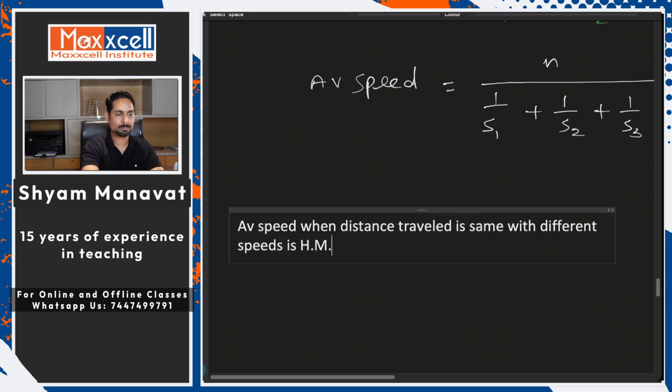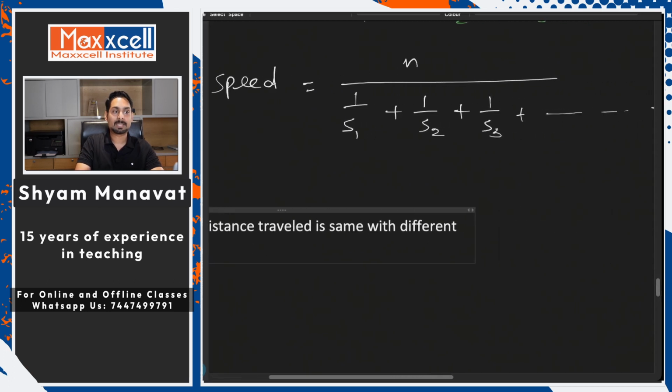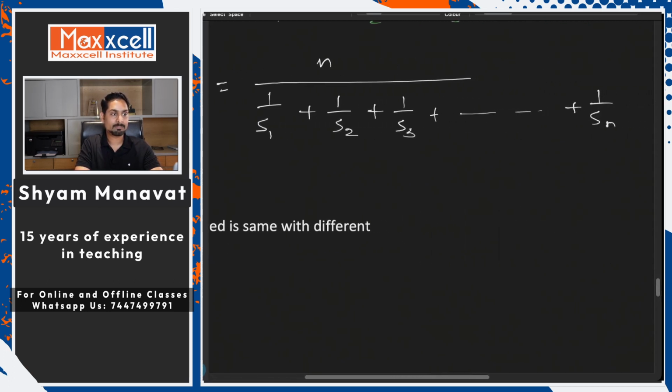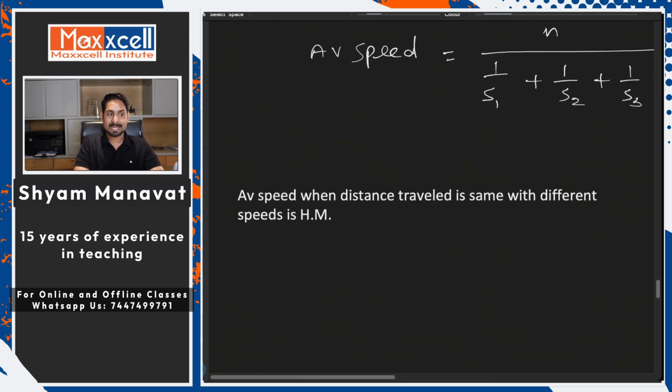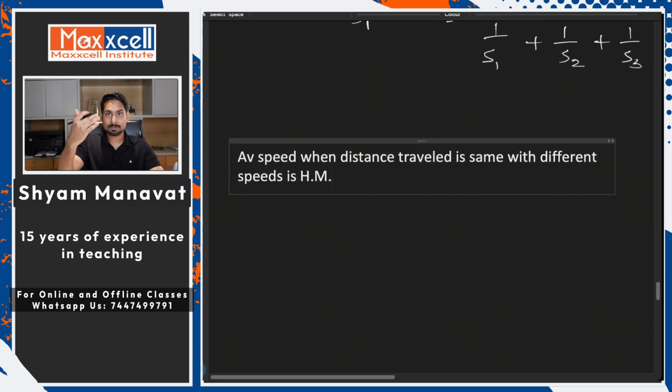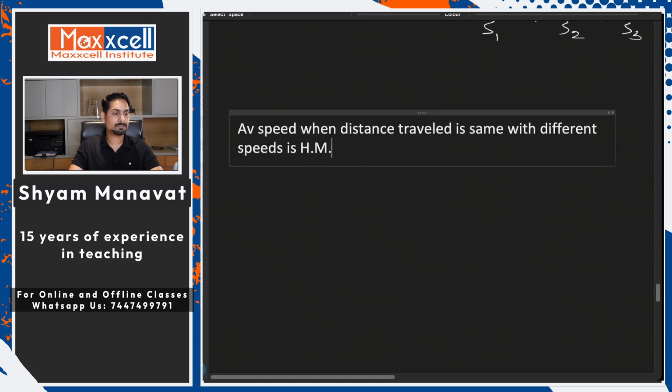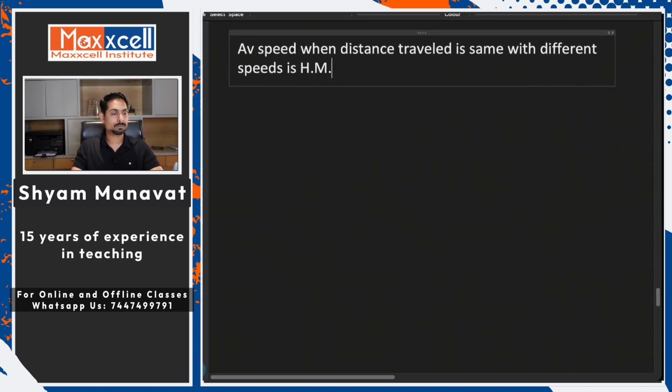Okay, harmonic mean. What is the harmonic mean? Number of values by the sum of reciprocals: 1 upon S1, 1 upon S2, a reciprocal of S1 and S2. Don't get scared by looking at the formula. Number of values by the sum of its reciprocals. It's simple. When we practice, when we apply this formula in questions, we will automatically understand the usage of the formula.